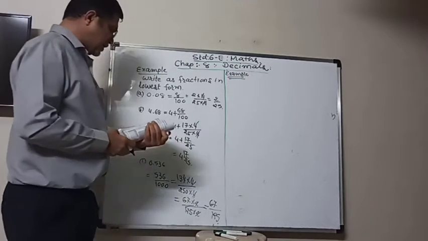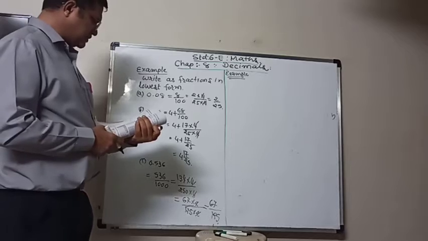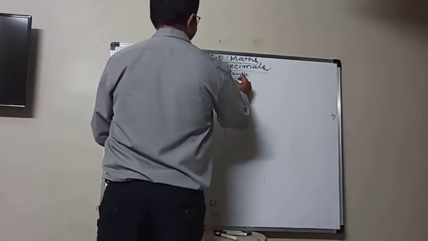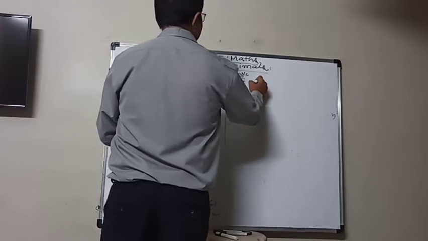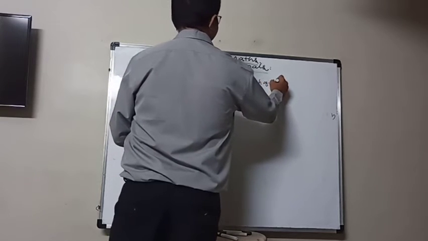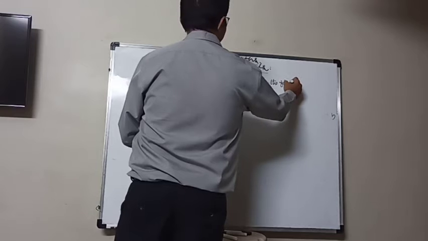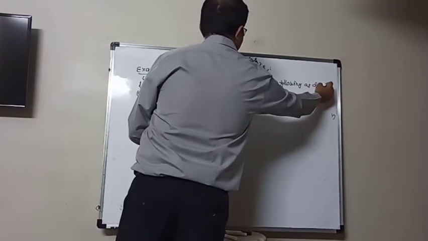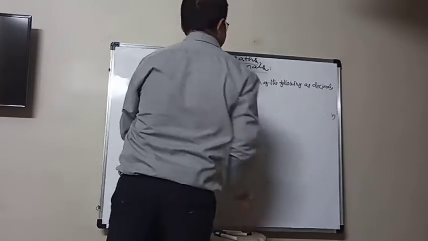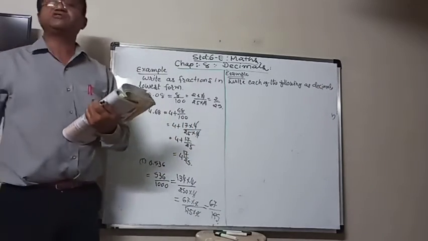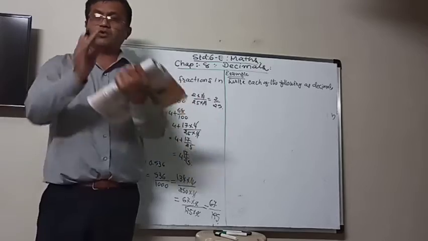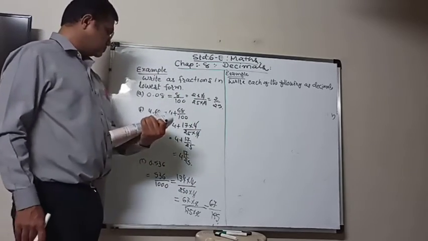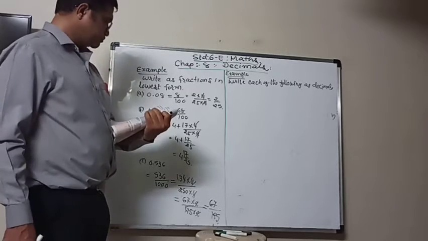in which you have to write down as a decimal. Write each of the following as decimals. Now the numbers are given according to their place value and we have to bring them together to write down its decimal form.